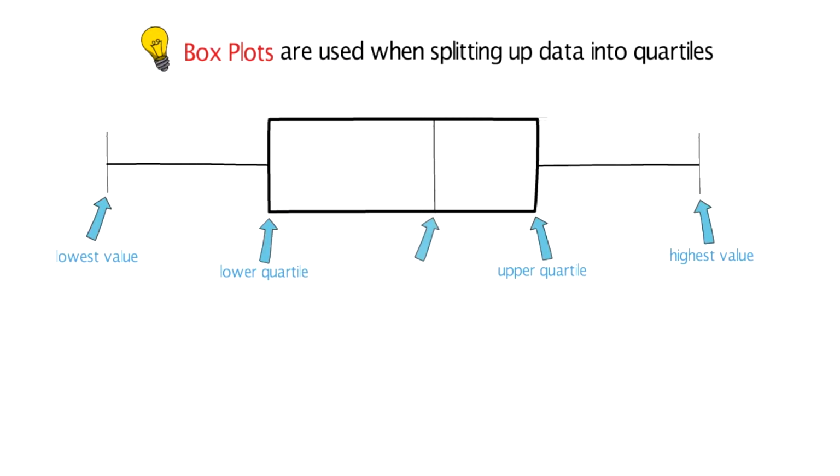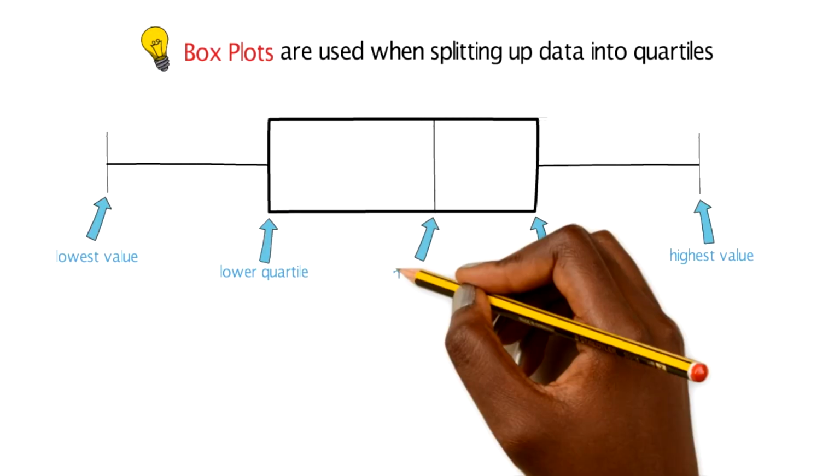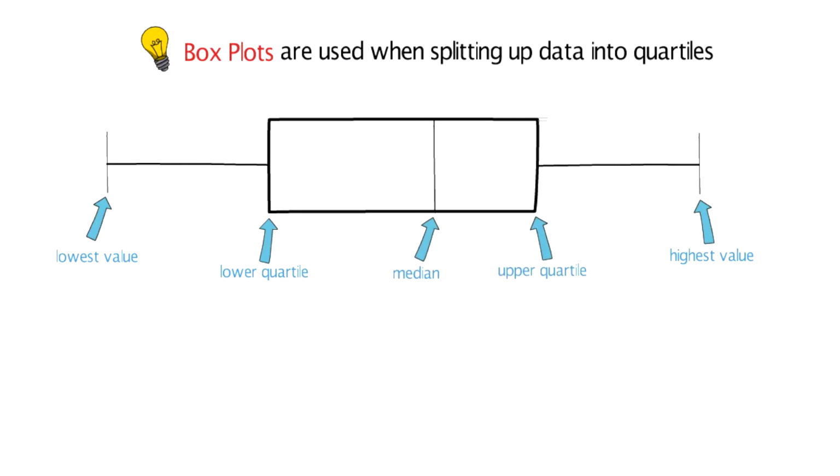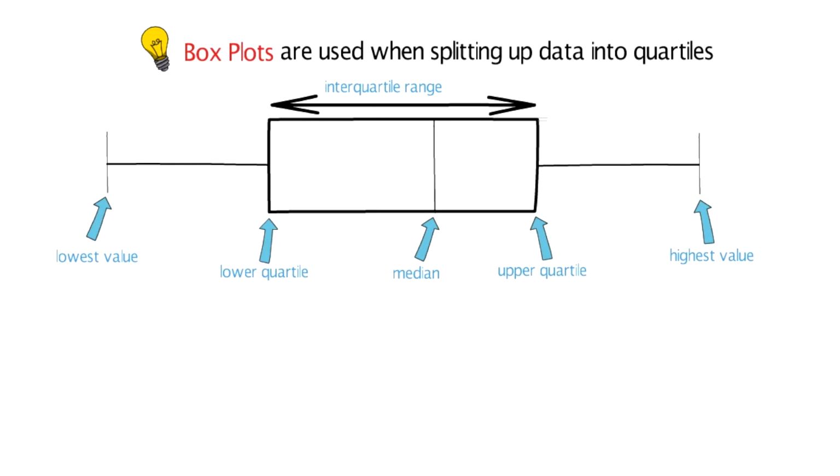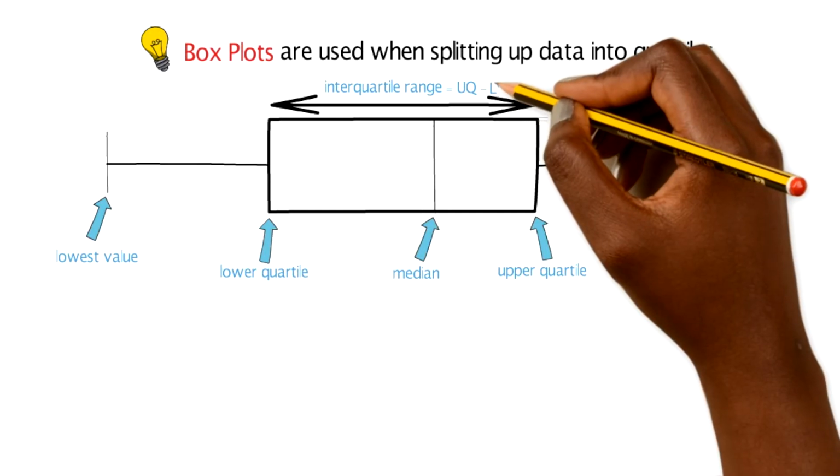And then the middle part is called the median. And last but not least, the distance between your lower quartile and your upper quartile is called the interquartile range. To work this out it's the upper quartile minus the lower quartile.